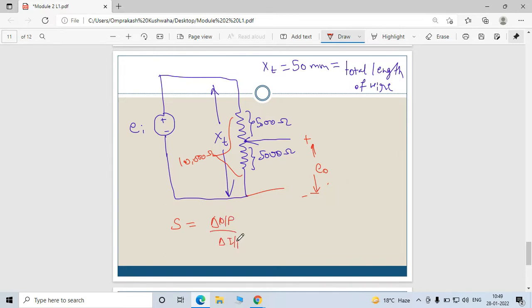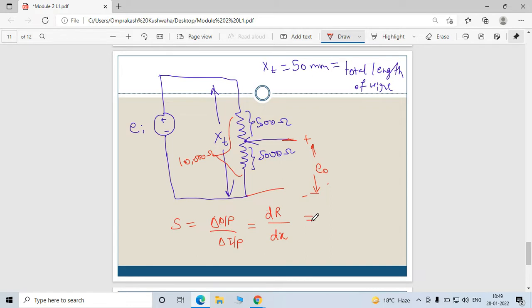What is the change in output here? Change in output is nothing but the change of resistance, which is dR. And what is the change in input? Change in input is the sliding contact, in terms of length, so I can say this is dx.